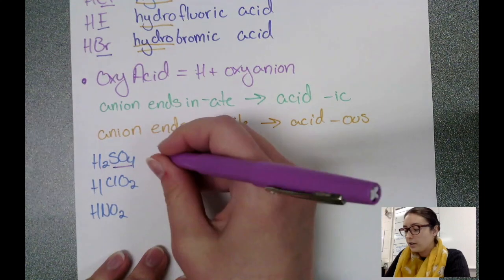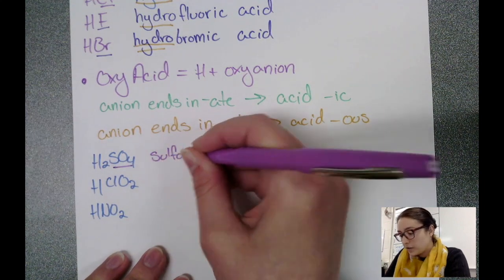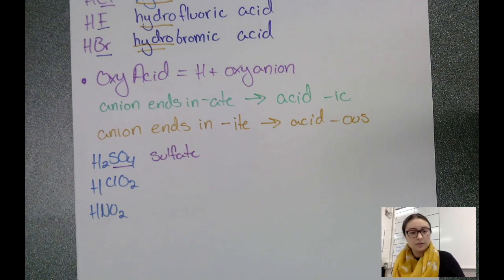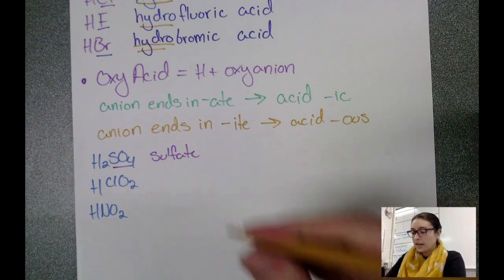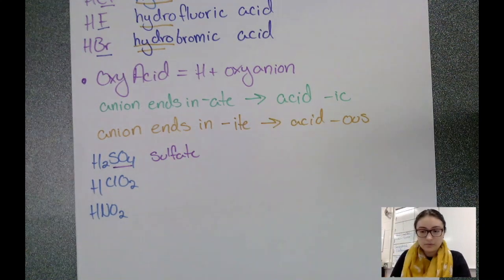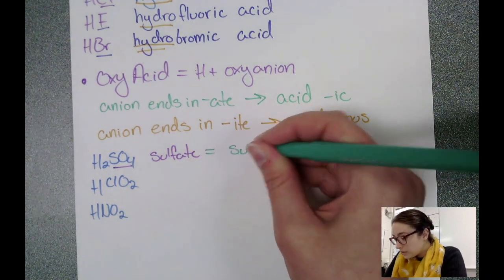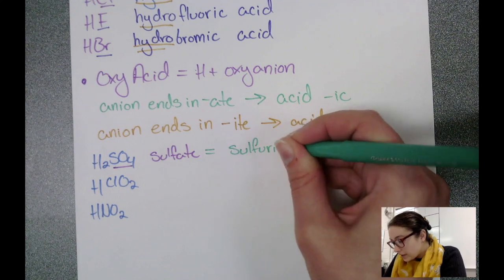SO4, if I look, is the anion sulfate. If it's sulfate, that means it's going to have the ending IC. So when I write the acid name, sulfate becomes sulfuric acid.